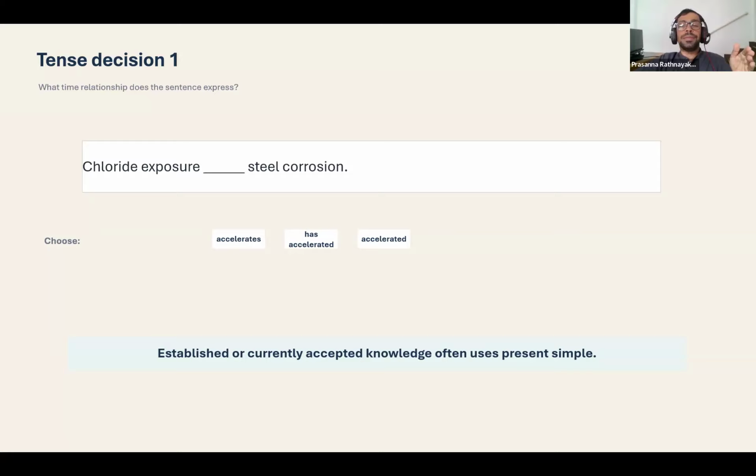Can you respond to this particular question? What time relationship does the sentence express? Chloride exposure: is it accelerates, or has accelerated, or accelerated steel corrosion? Can you send me in chat? What time relationship does the sentence express?